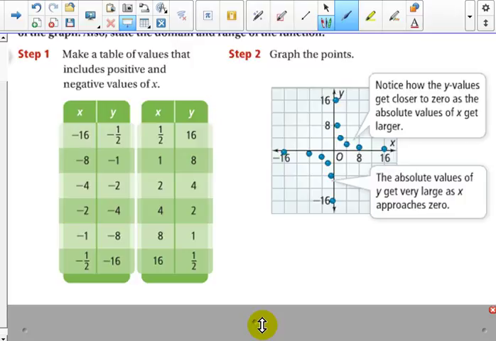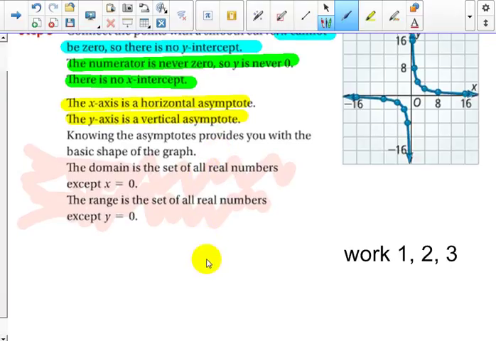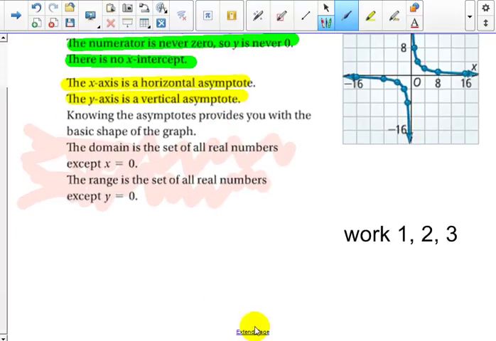Look at number 1 on your assignment. Your homework is to work everything through number 12. Right now, let's just work on number 1 together.